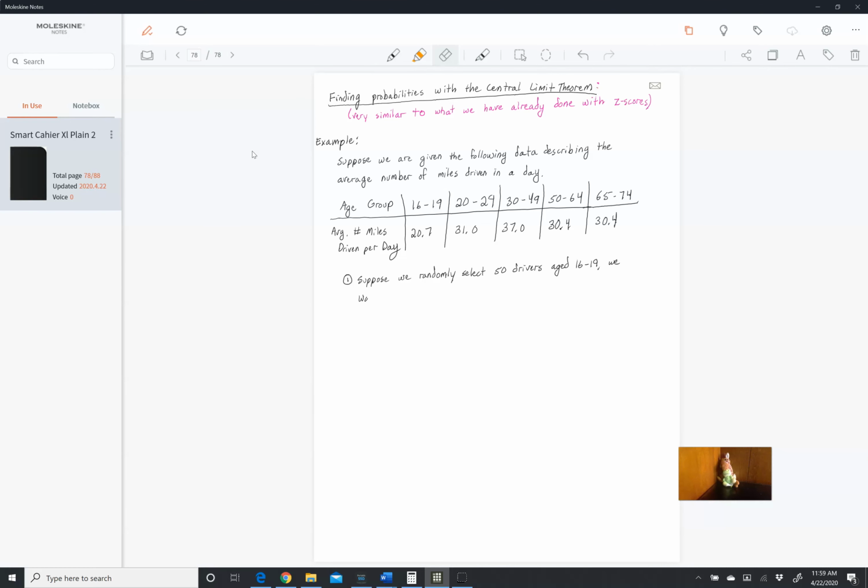And we want to know the probability that the mean distance traveled is between 19.4 and 22.5 miles, given a standard deviation of 6.5.